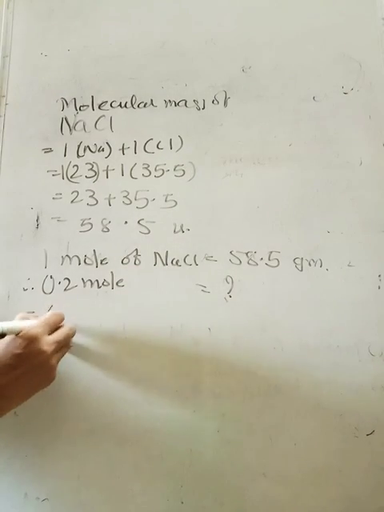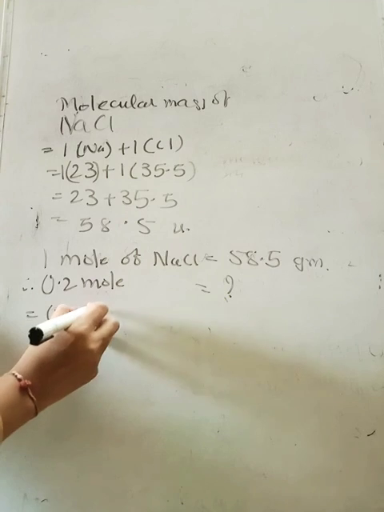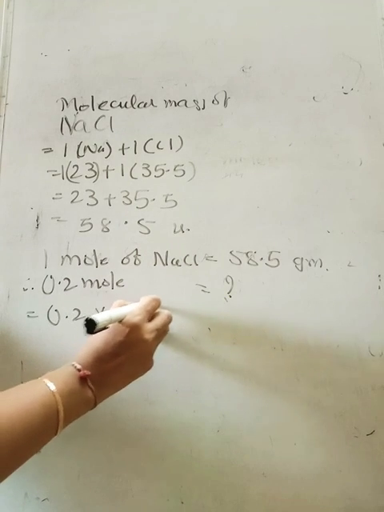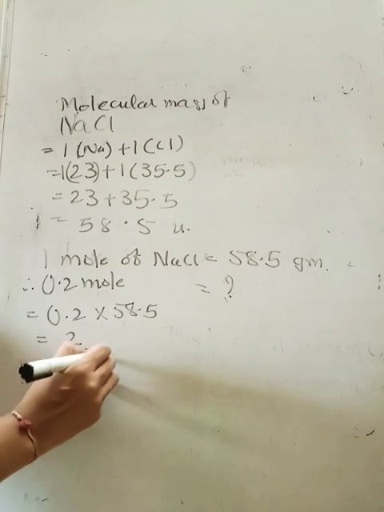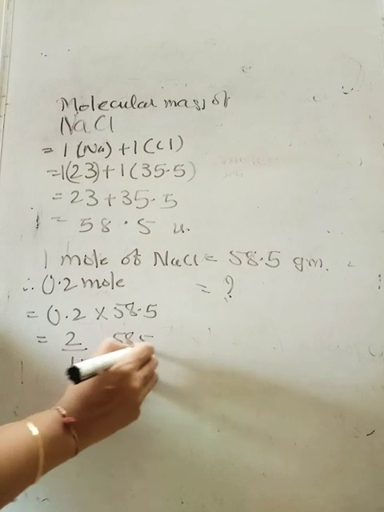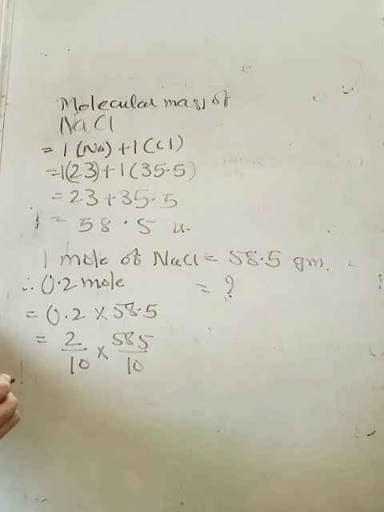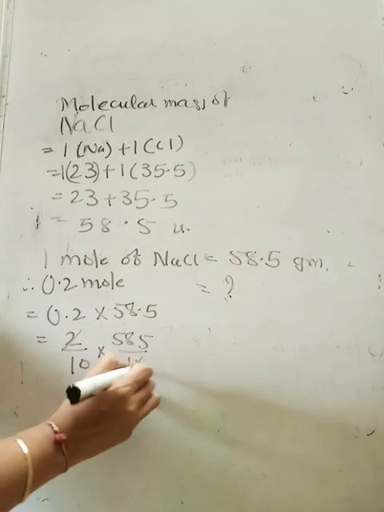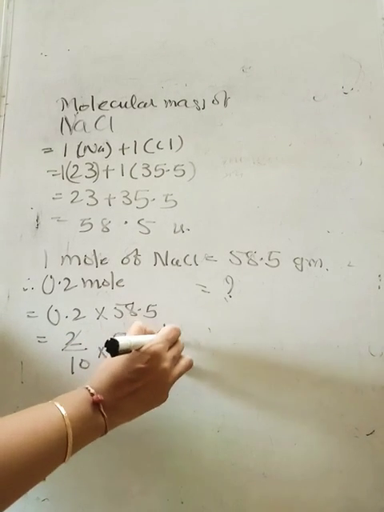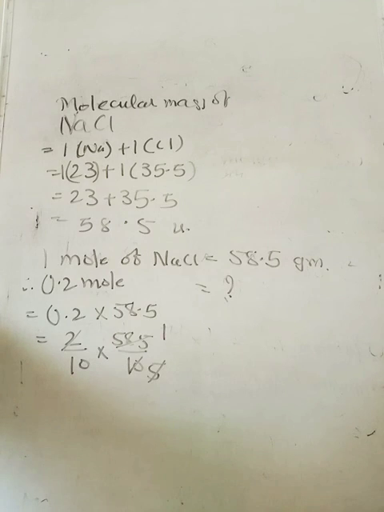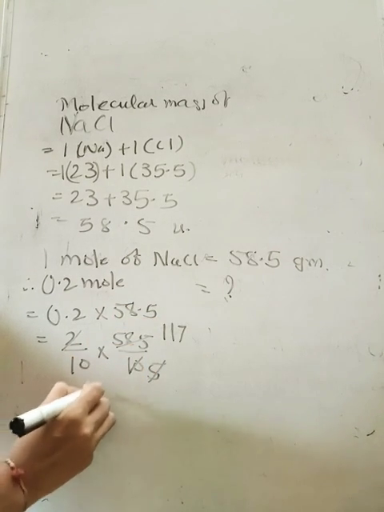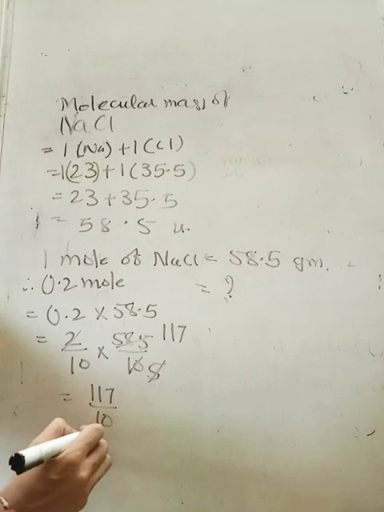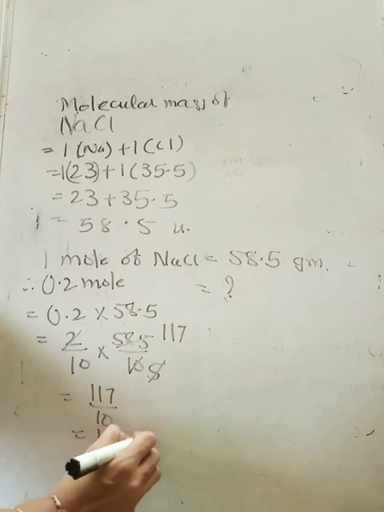So it will be 0.2 cross multiply 0.2 into 58.5. ऑल राइट. कन्फ्यूजन होता है तो पॉइंट का पहले ऐसे डिवाइड कर लो, फिर कर लेना, कोई इश्यू नहीं है. 117 upon 10, which is 11.7 grams.